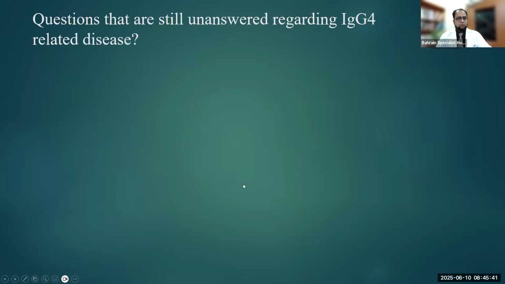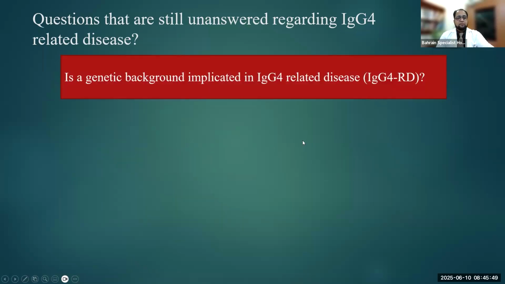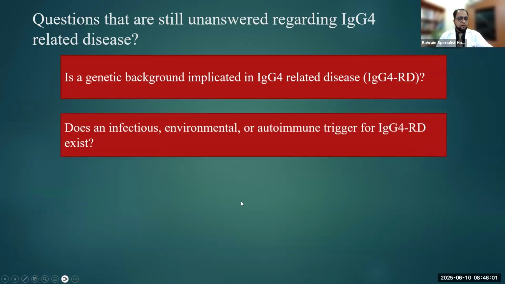So there are still a few questions that are unanswered and have to be dealt with in further research. Is there a genetic background implicated in IgG4 related disease? Currently, no established data is available. I hope in a few decades it will be revealed. Is there any infectious organism, environmental or autoimmune trigger that is leading to this disease?